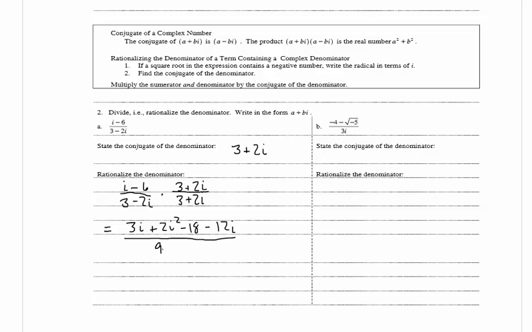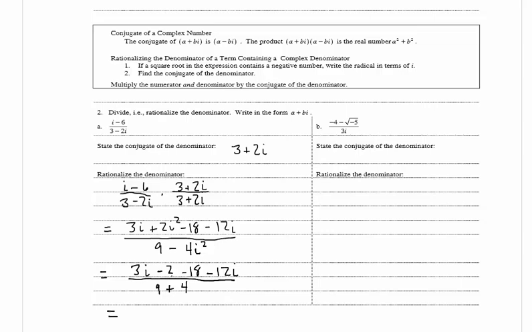so we have 9 minus 4i squared, and this is equal to 3i, and i squared is equal to negative 1, so we have negative 1 times 2 is minus 2, minus 18 minus 12i divided by, we have 9 minus, and i squared is equal to negative 1, so we have 4 times negative 1, which is going to make this plus 4.